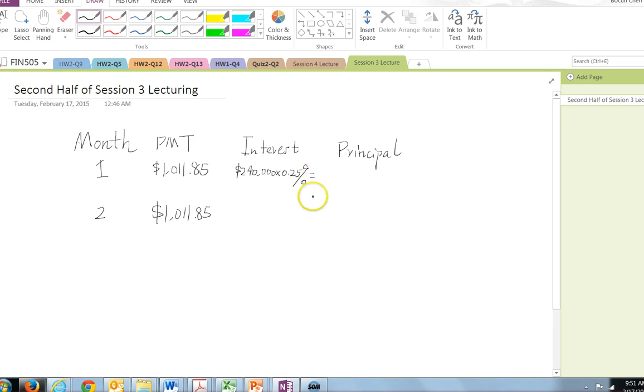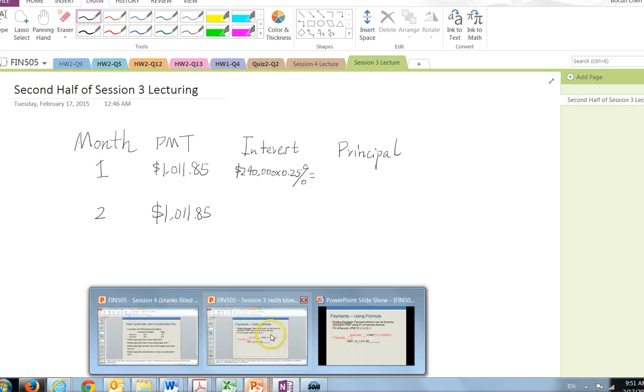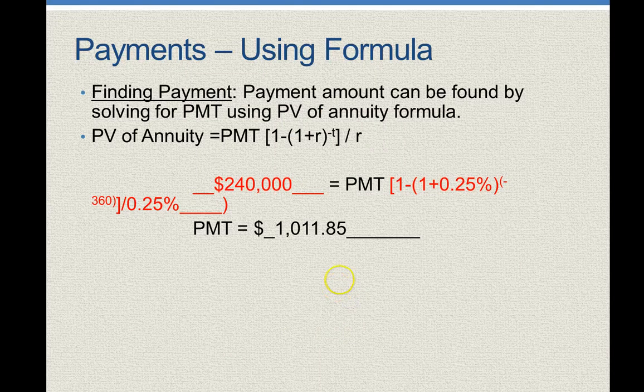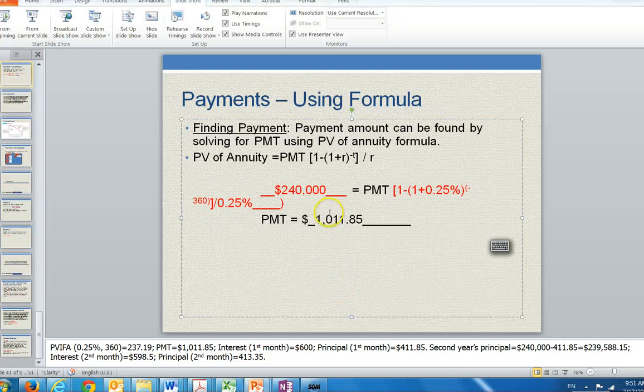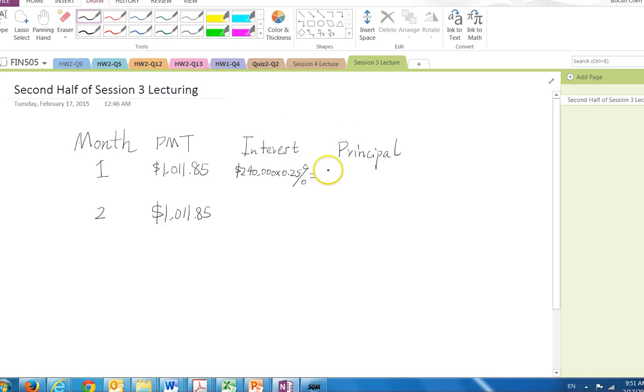That's this amount, which will give me the number 600. So that means 600 of this $1,011.85 is interest portion. So the remaining must be principal, right?